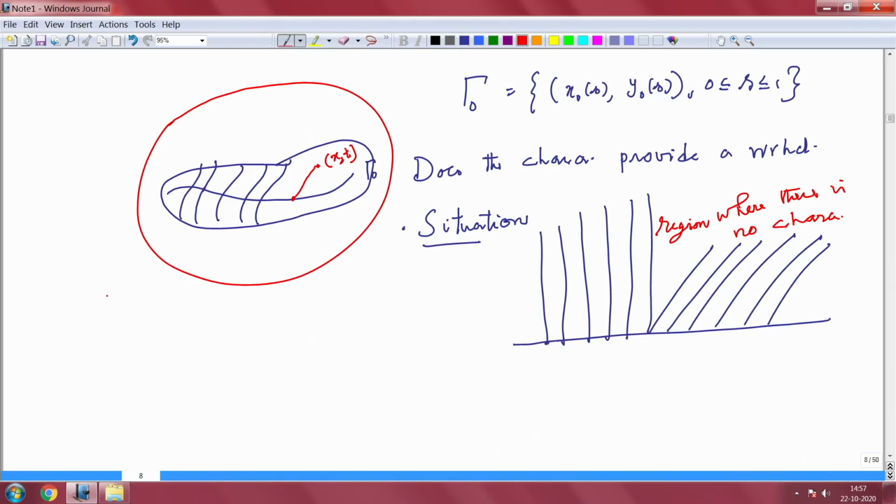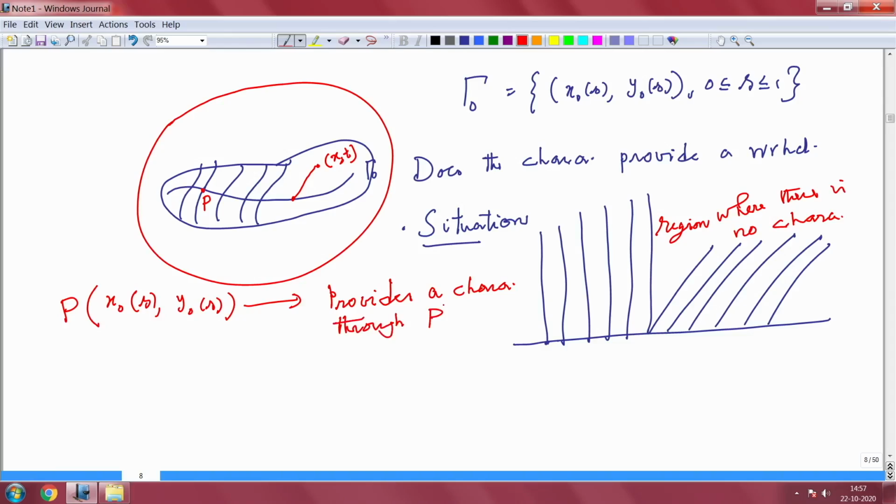You fix a point (x naught of s, y naught of s). That is a point here, P. This provides a characteristic curve through P.